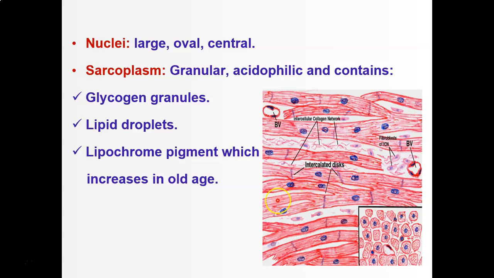The cytoplasm, or sarcoplasm, is granular and acidophilic, as we see in the diagram, reddish in color. It contains glycogen granules, lipid droplets, and lipochrome pigment, which increases with aging.